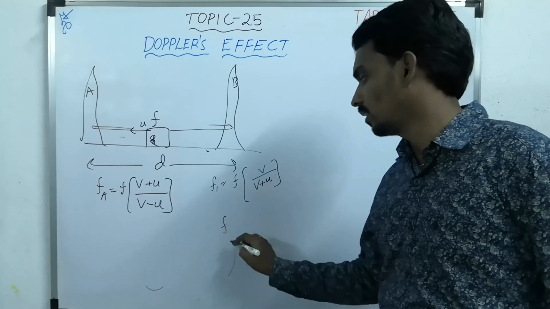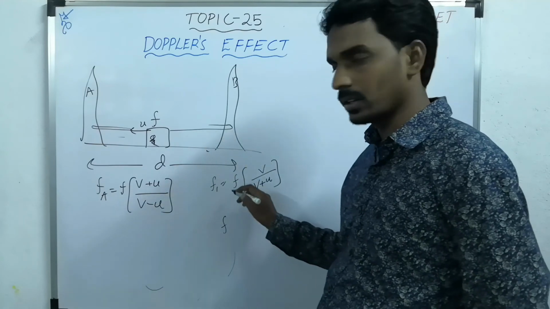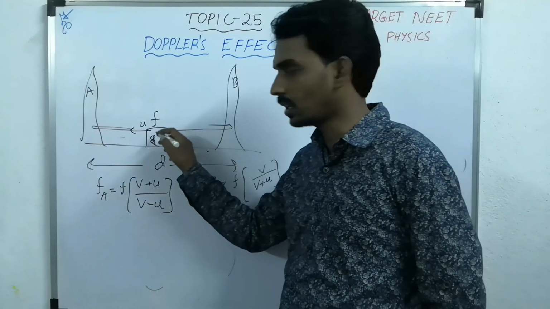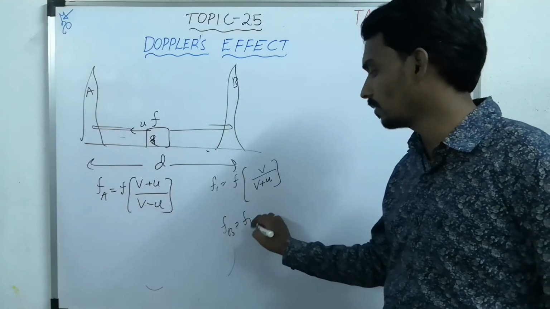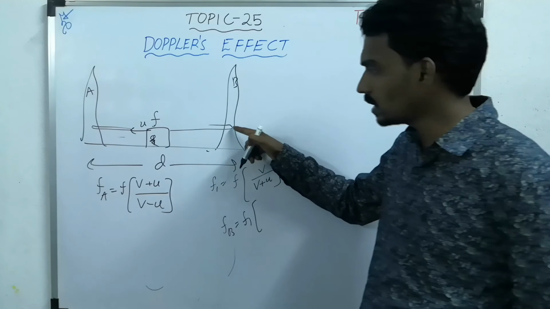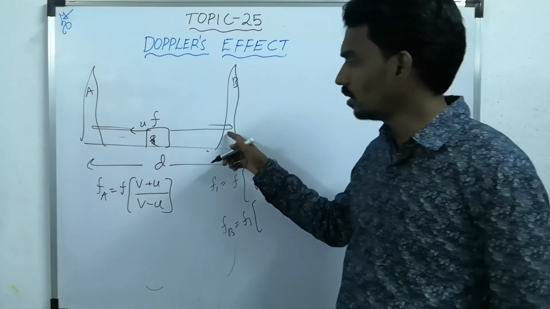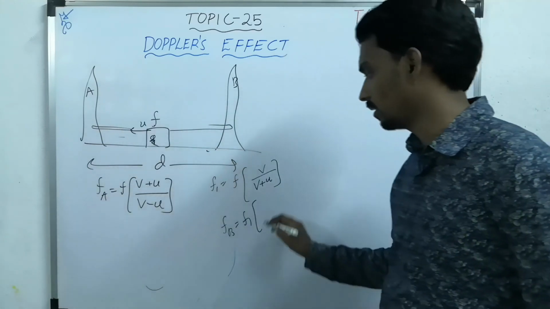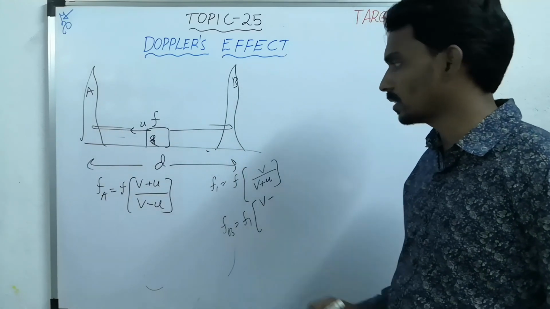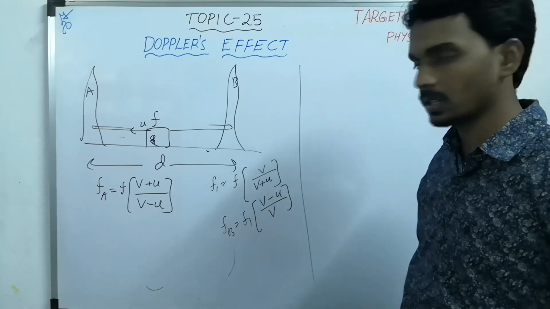And the frequency reflected is this one, and the frequency heard by this person as echo, let's take FB, will become F1 times. Now this is acting like a source. Now this is the observer. So the source is at rest and the observer is moving away. Observer moving away means minus. So V minus U by V, because the source is at rest.